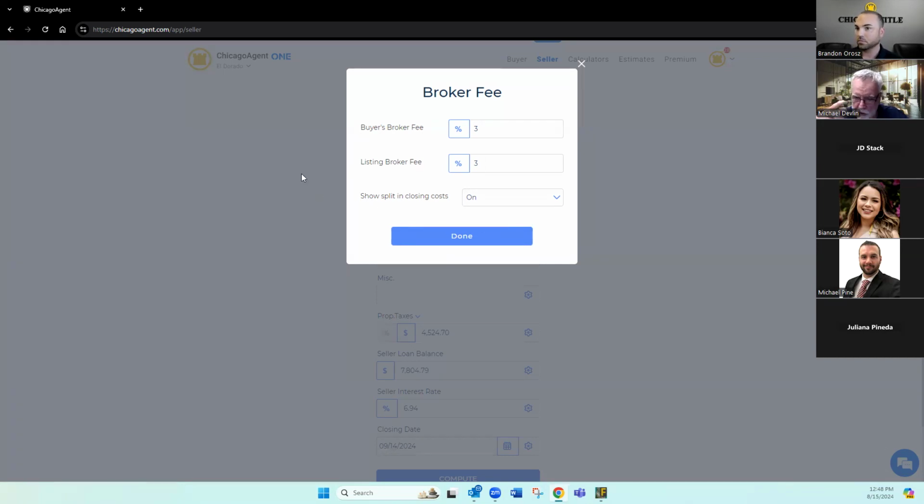So the two options are we could either here put in 3% for the buyer broker fee or leave it out. And then later, when we get to another field, we can put in a general concession to the buyer and put in 3%.